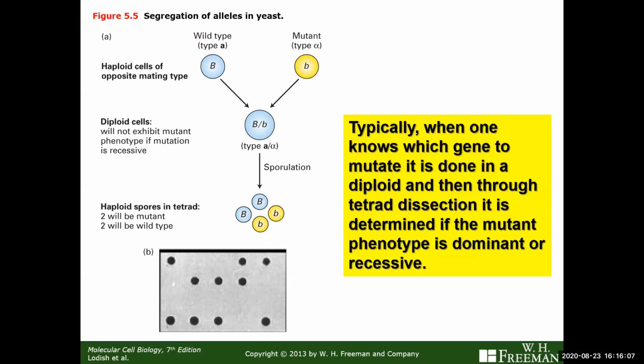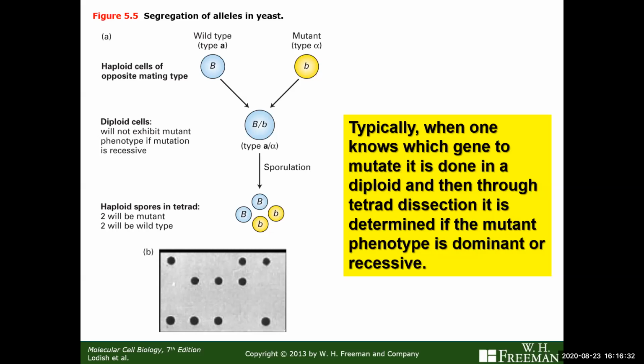It will grow happily. But the mutant, the yellow colored spores carrying the recessive mutation, for them the only copy of the enzyme that is necessary for metabolizing galactose is non-functional.